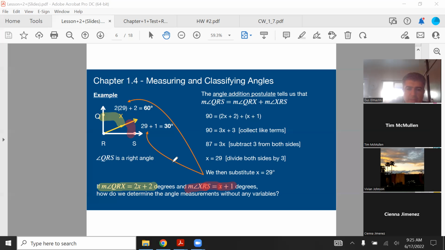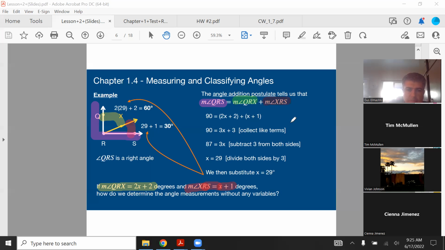So those two are going to add up to the big one, which is QRS. That's the big one right here. And again, remember, QRX is what I have in green, or yellow, actually. It looks the same. And of course, this right here.